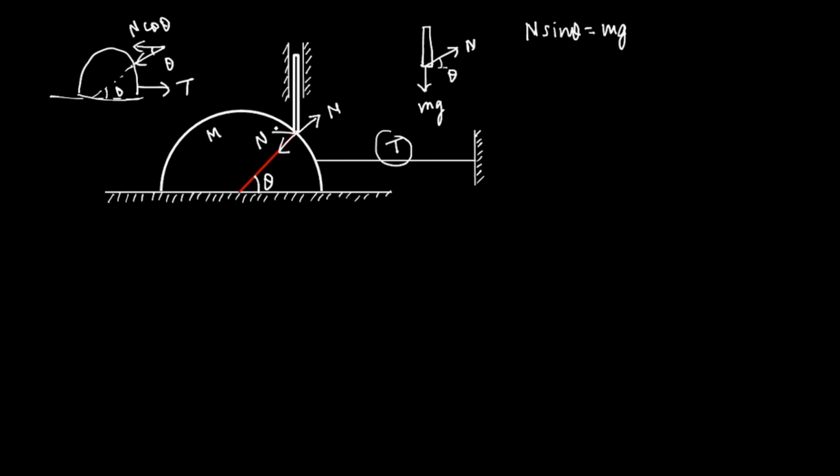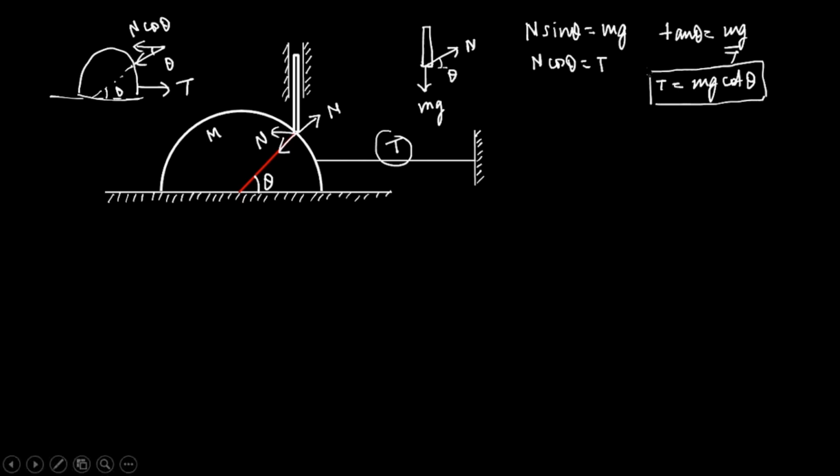That means N cos theta should be equal to T. So, if you have to find T, very easily you can say tan theta is equal to mg upon T. And so, T is equal to mg cot theta. This is the tension in the string when everything is at equilibrium and rest. So, very easy this part.